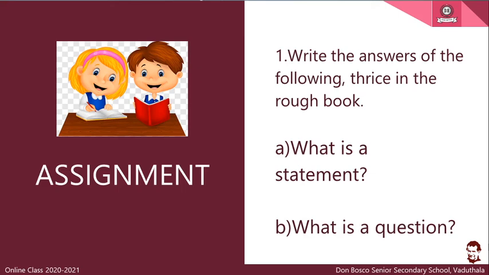And you have to write and study. I know that you know what a statement is, but still it is very important that you write and study the spelling very well. So you should write and study 3 times in your rough book. Now the second one, what is a question? That also you should write and study 3 times in your rough book.